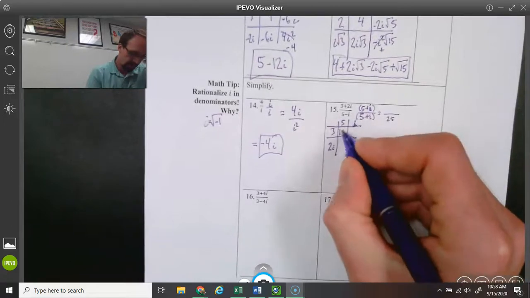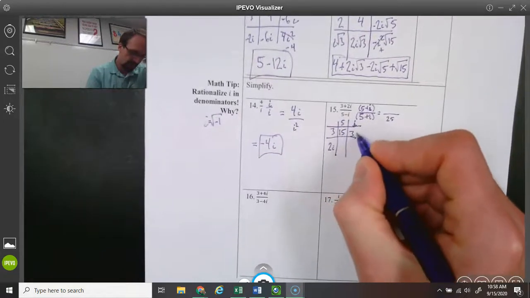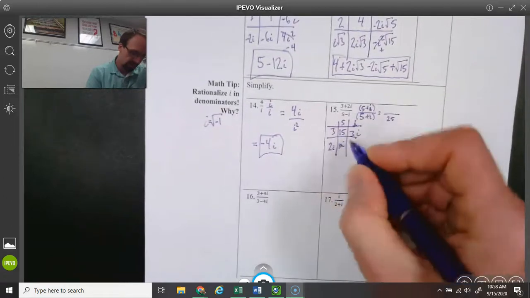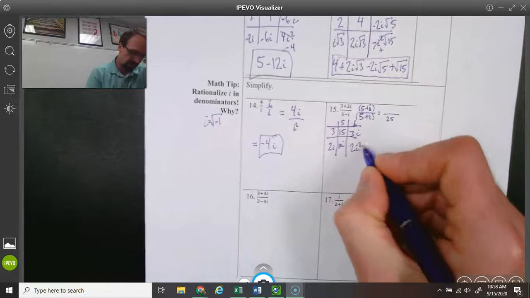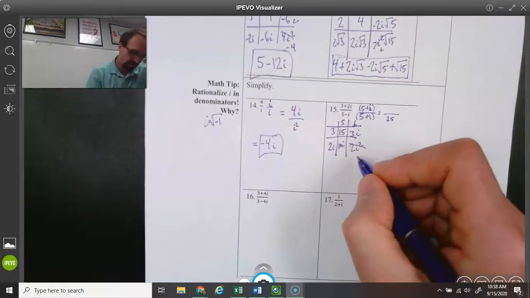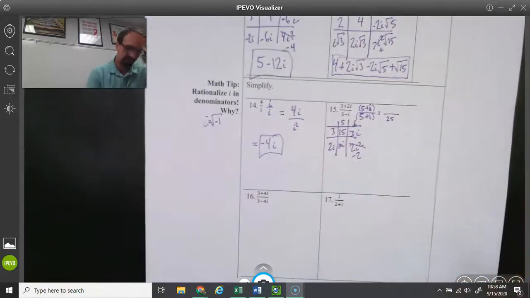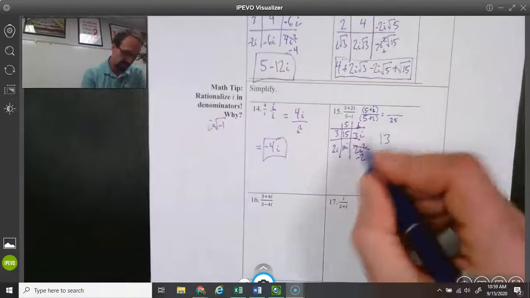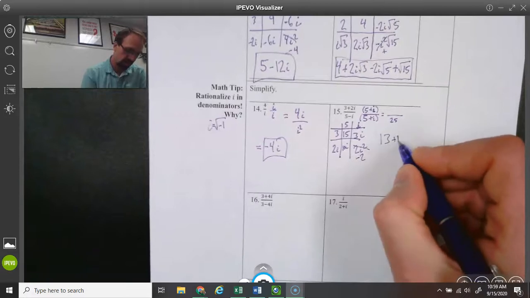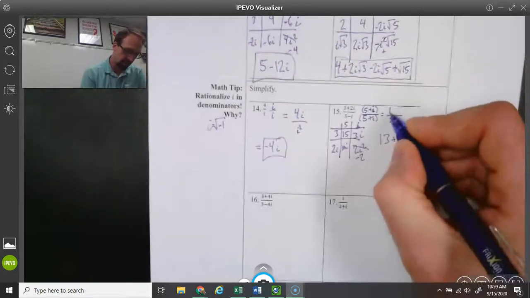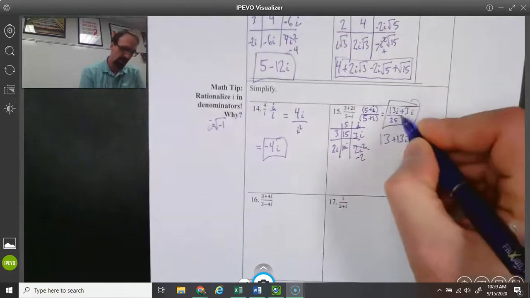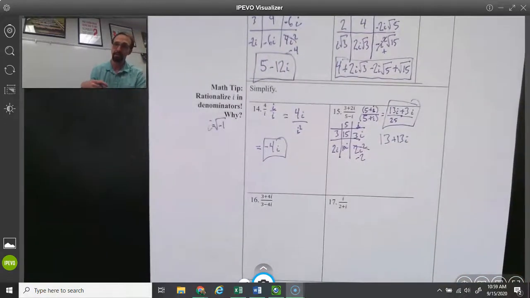So that's going to end up 3 times 5 is 15, 3 times i is 3i, 2i times 5 is 10i, and then 2i times i is 2i squared, which is -2. So now this is going to end up being 15 minus 2, which is 13, and then 10i plus 3i, which is also 13i. So my final answer is, in the numerator, 13 plus 13i, all divided by 25.